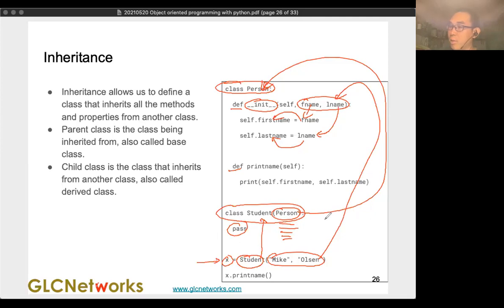So that's the beauty of OOP. We don't have to write everything that is available in the parent class. We just call them, and then we can add our new method here, which is not available in the parent class. That is how we save the total amount of code.